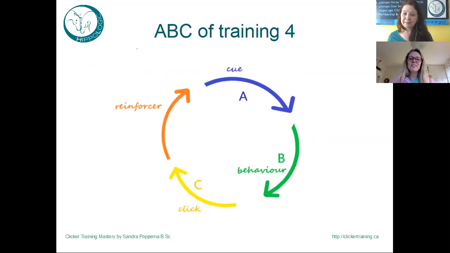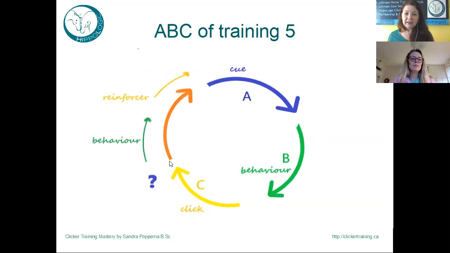So the click means end of behavior B, and then we have the reinforcer. So if behavior B1 ends, like targeting, what behavior is occurring in this second green arrow before the reinforcer comes?